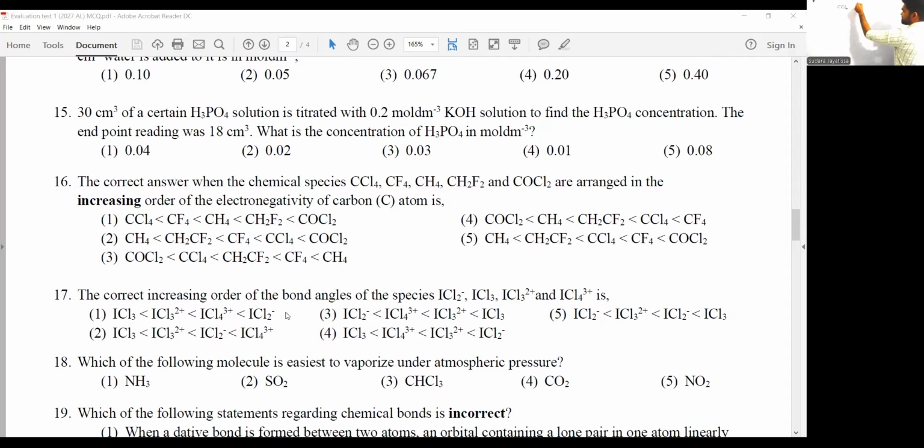Then we learned a method to compare those electronegativities in unit 2. We have a small mnemonic for that method. We call it SCOPE. So let's use that principle and do the question. I wrote the 5 molecules here and let's try to arrange them in ascending order.